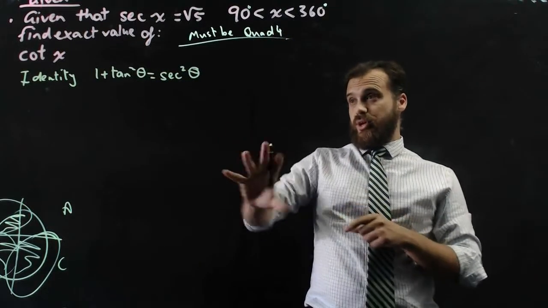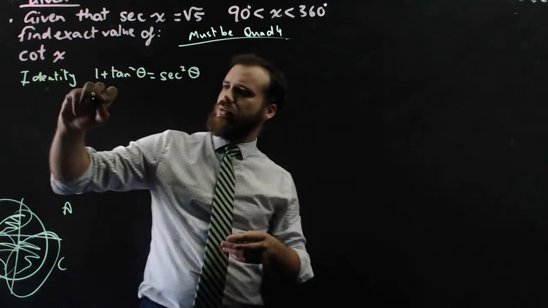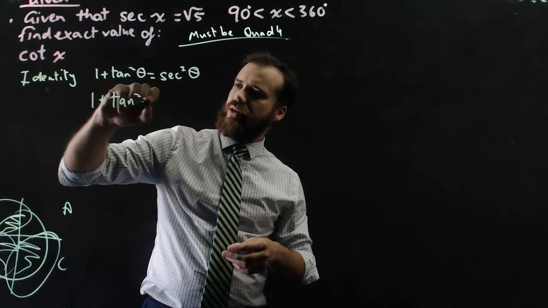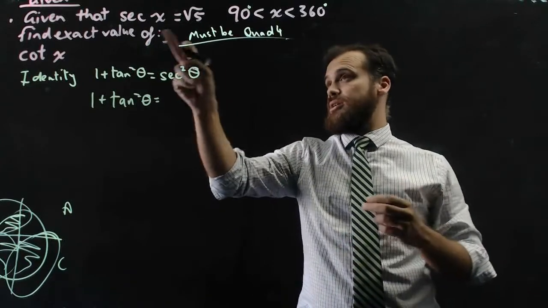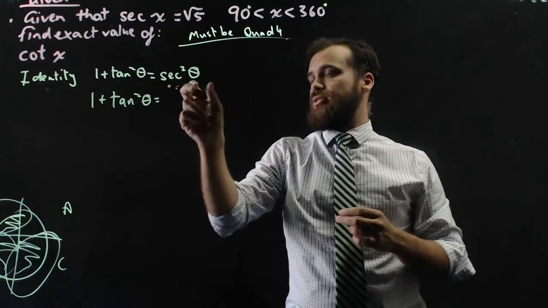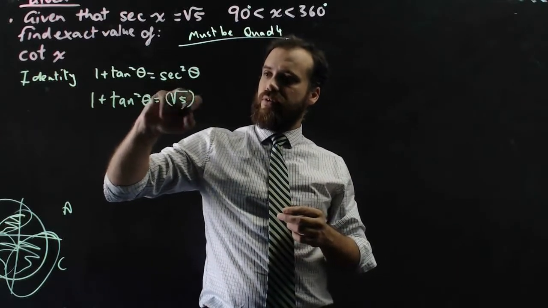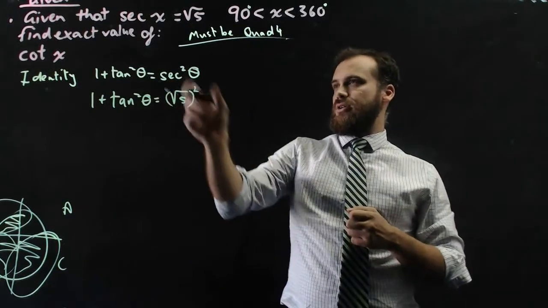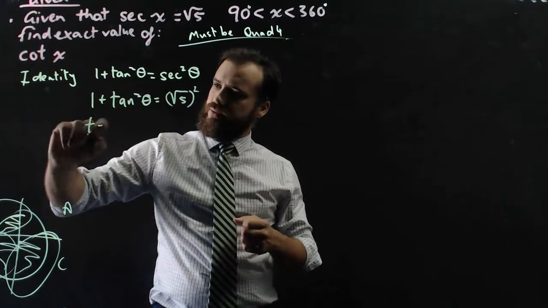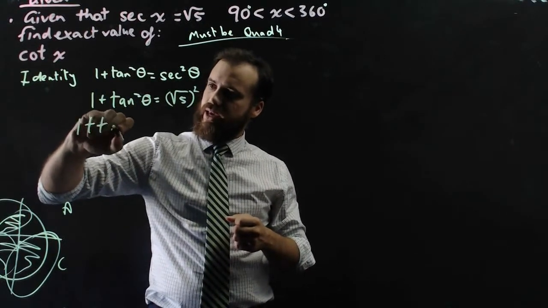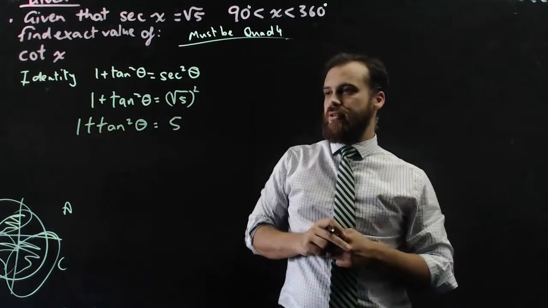We should be able to apply that here because we know that sec x is root 5, so sec squared x must be root 5 squared.